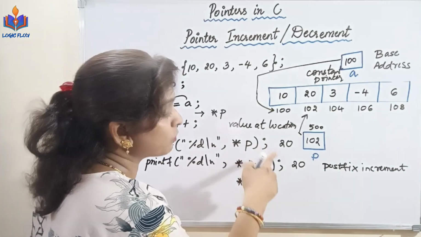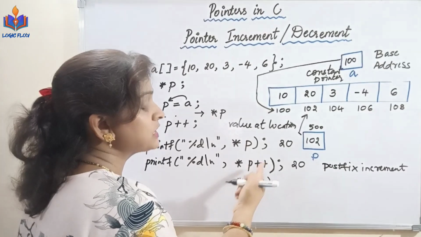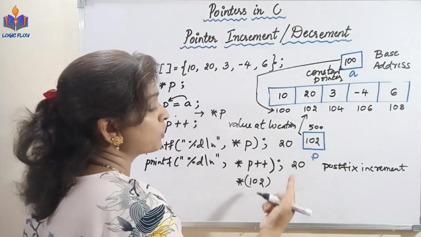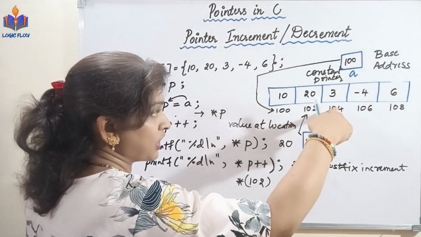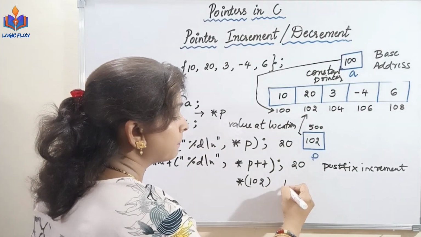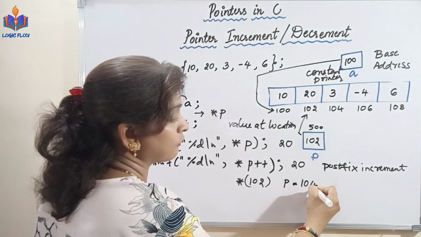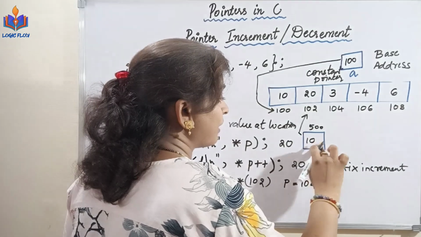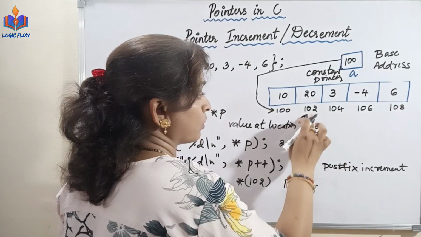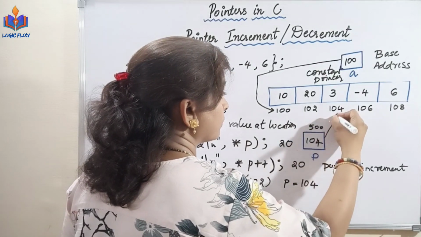So P will be advanced to the next location. P plus plus means P equal to P plus 1. So the P value will be moved to the next location. It becomes 104. So now the P value is changed to 104, and P is pointing to 104.